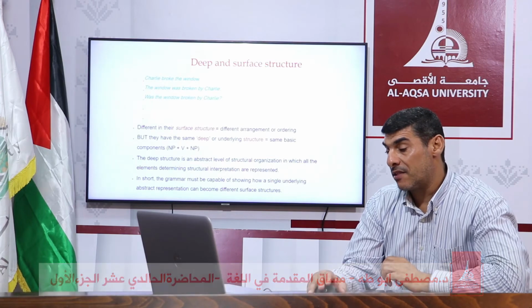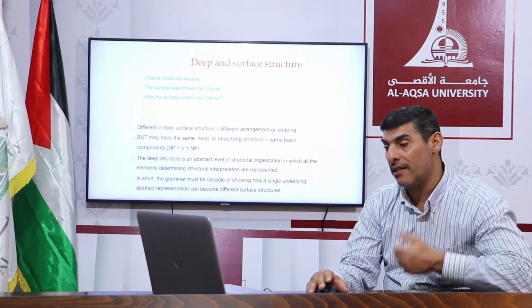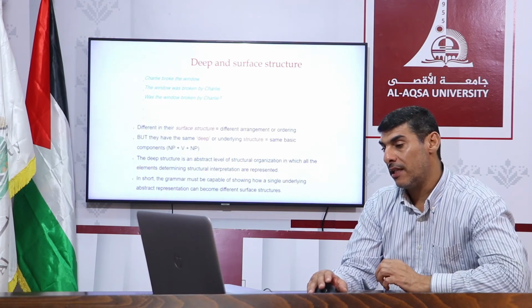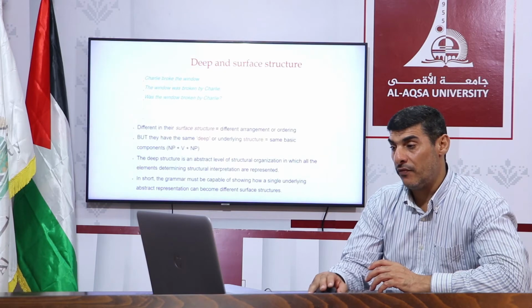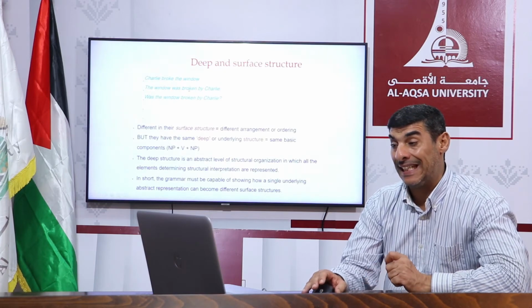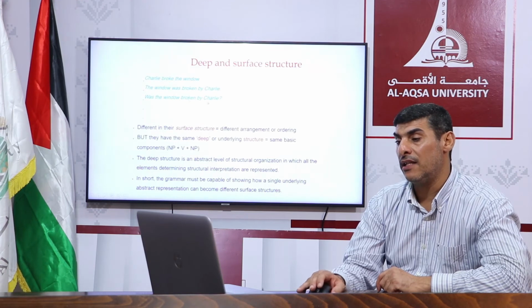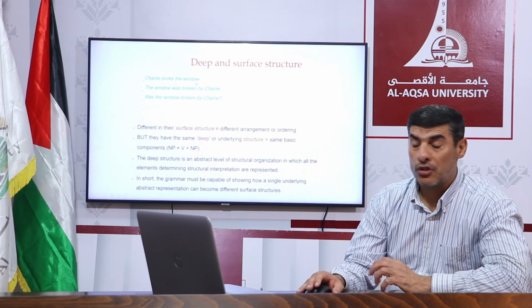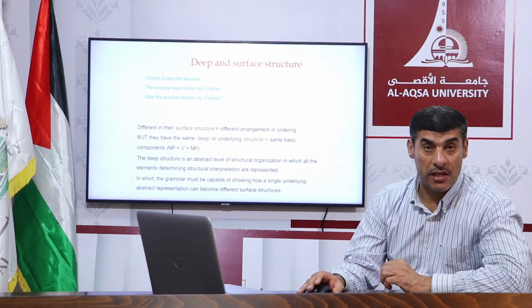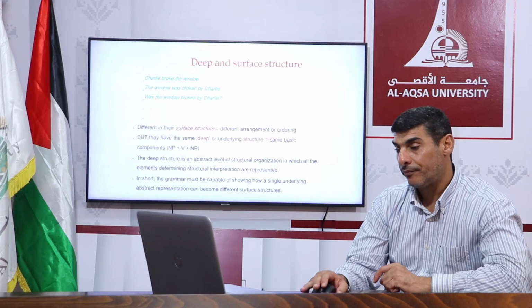But they have the same deep or underlying structure. Underlying means basic, essential, the same basic components, because Charlie is a noun phrase, and we have Charlie in the second sentence as a noun phrase as well. So despite the change in their position in the sentence, they are still noun phrases.